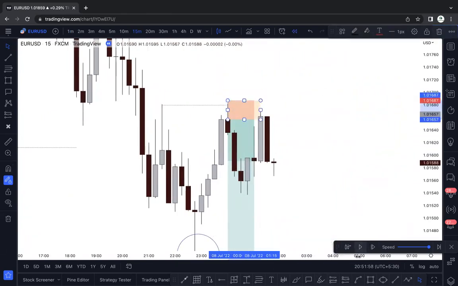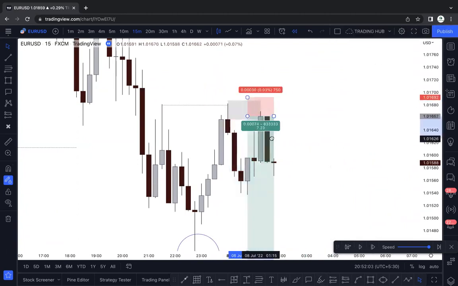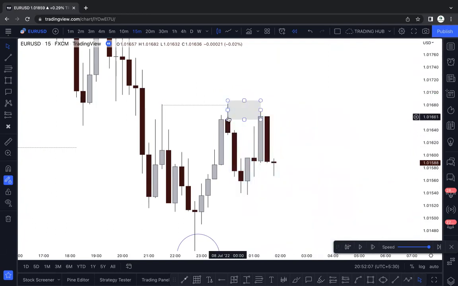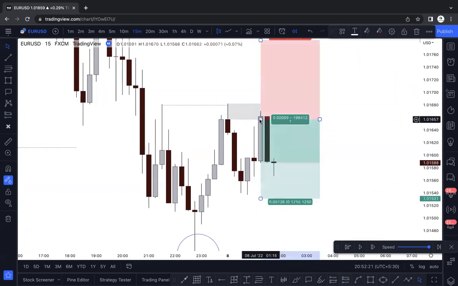Correct. And this wick acts as a supply. Why? Because market taken out the liquidity and this wick acts like a supply, and this wick we can use for the sell. Correct. So first entry is here and on this supply zone here.